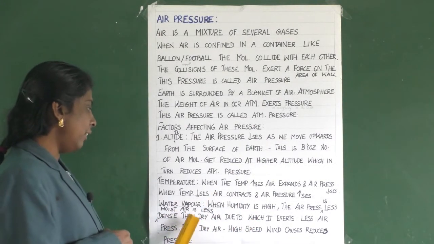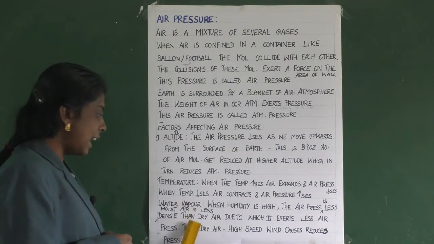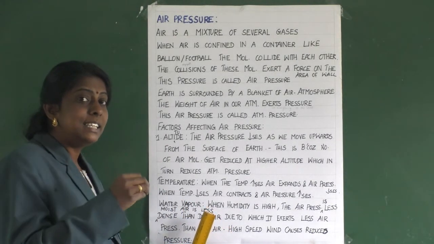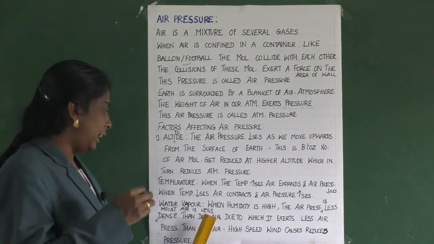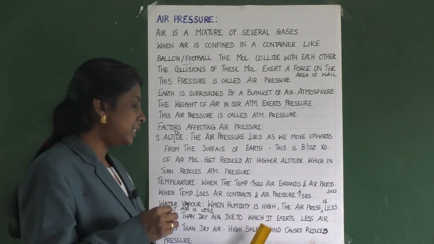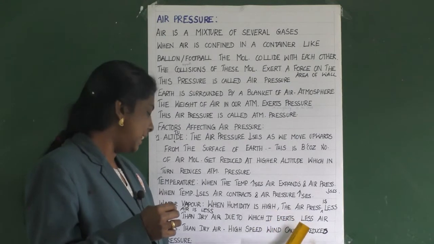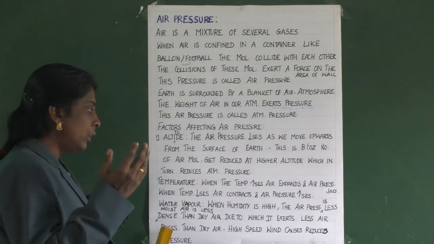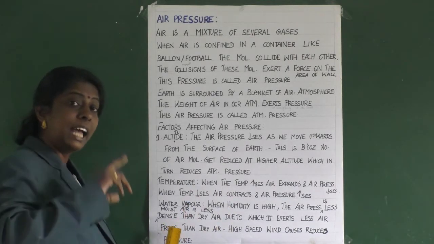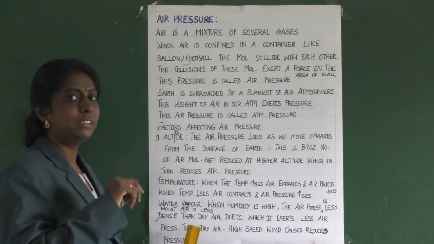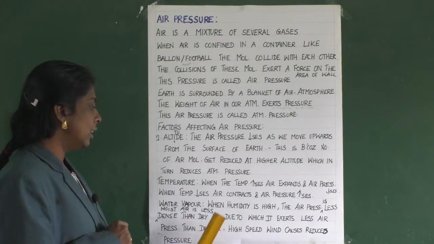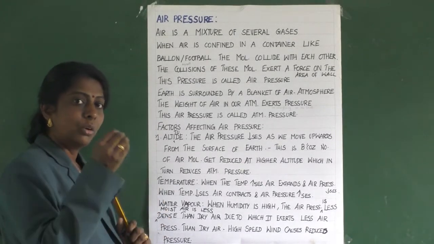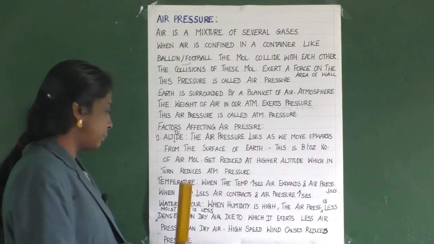Moist air is less dense than dry air, due to which it exerts less air pressure. So moist air gives out less air pressure when comparing with dry air. Okay. High speed. So in total, high speed wind causes reduced pressure.